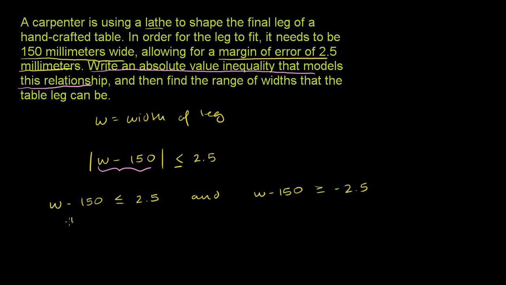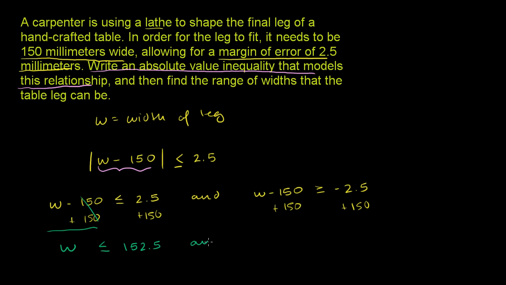If we add 150 to both sides of these equations, we can actually do it to both of them simultaneously. Let's add 150 on this side too. What do we get? The left-hand side of this equation just becomes a W. These cancel out. W is less than or equal to 150 plus 2.5, which is 152.5.